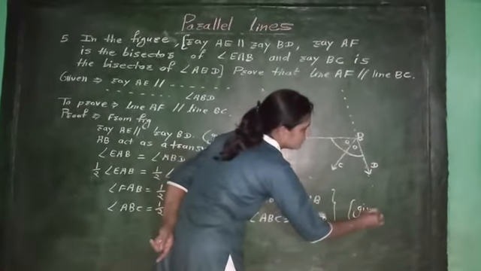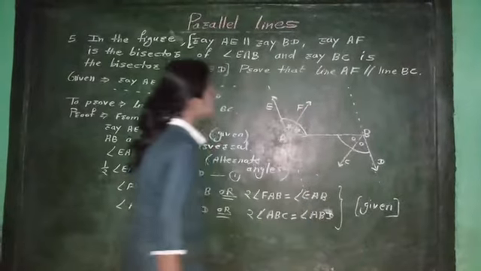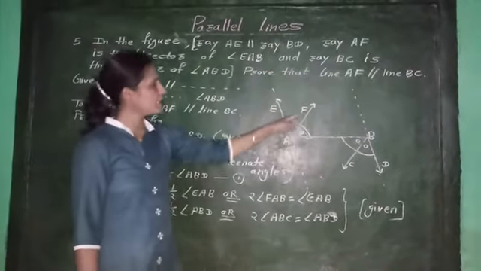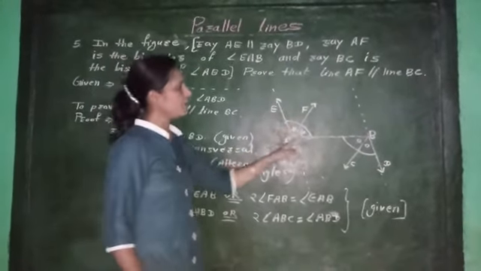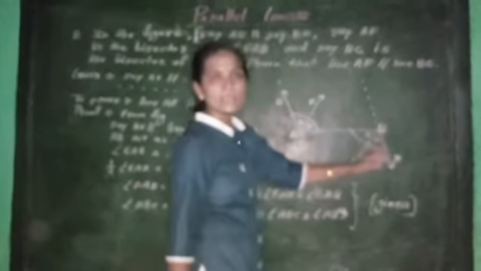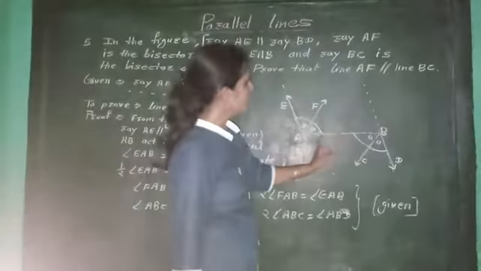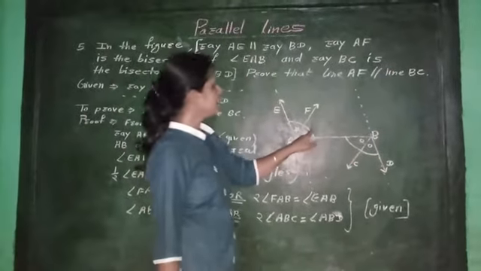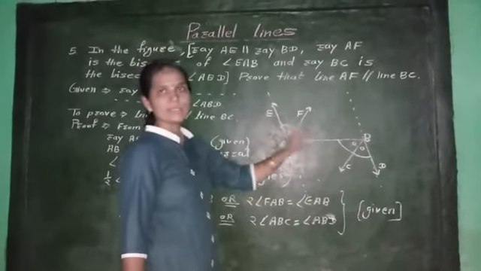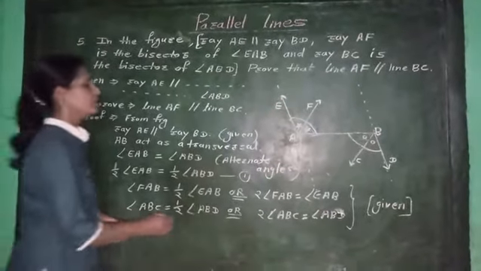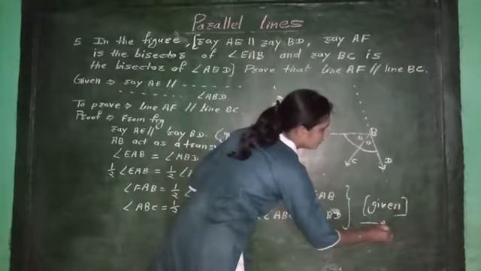Ray AF is the bisector of EAB and ray BC is the bisector of ABD. So this angle is half of the complete angle and this angle is half of the complete angle. So we write here equation number 2.